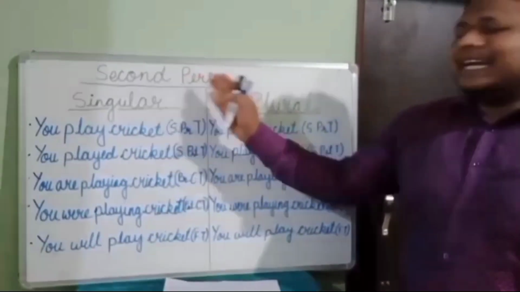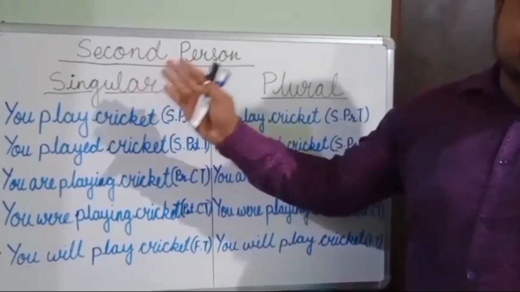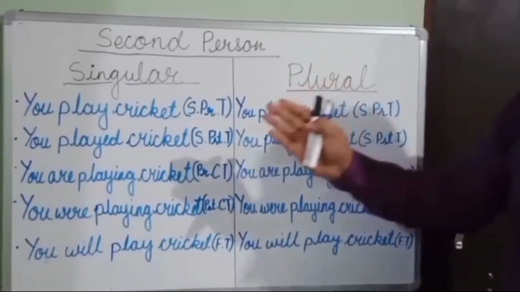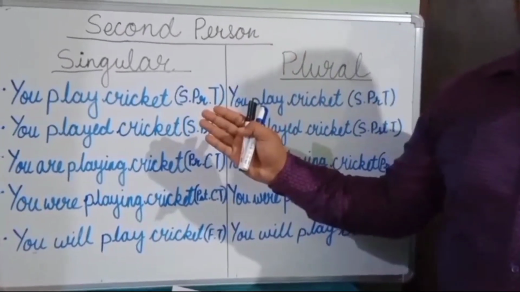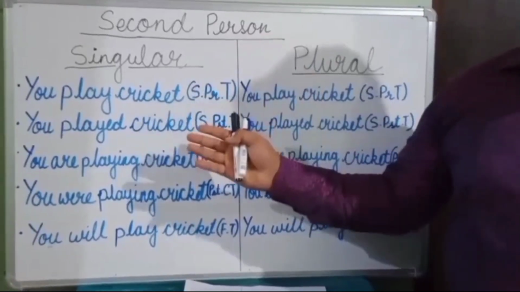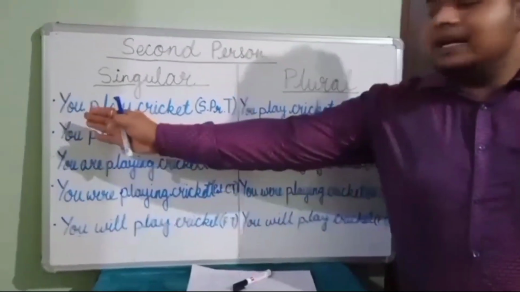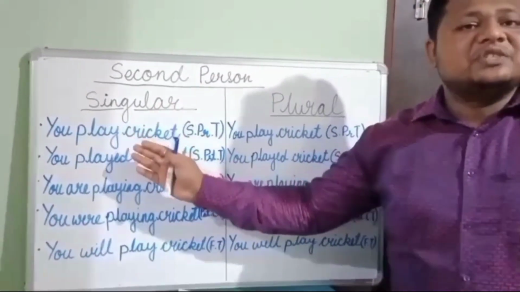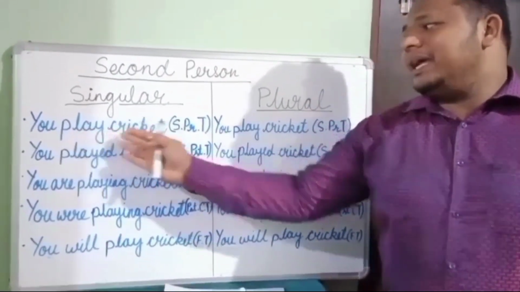Now the second person: second person singular is you, and second person plural is also you. Let us see you as a subject in different tenses with different auxiliary verbs. In simple present tense, the subject you is used with the first form of verb and the sentence becomes "you play cricket."